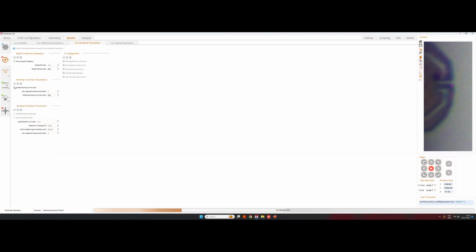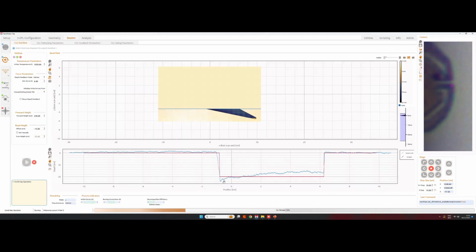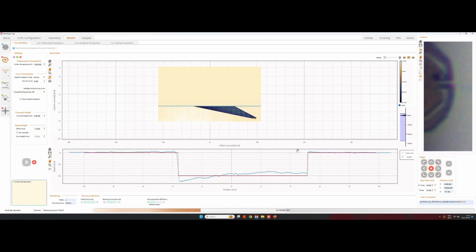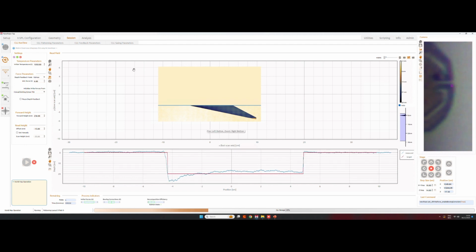So let's see what happens when we use the bowing correction. So we just cross this. Hopefully we can get rid of this imperfection at the beginning of the line. So usually it takes a little bit before the bowing correction can start being effective.